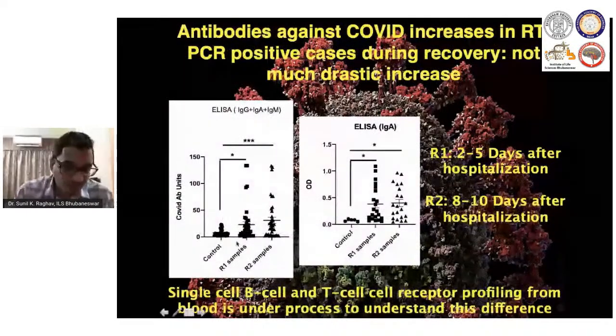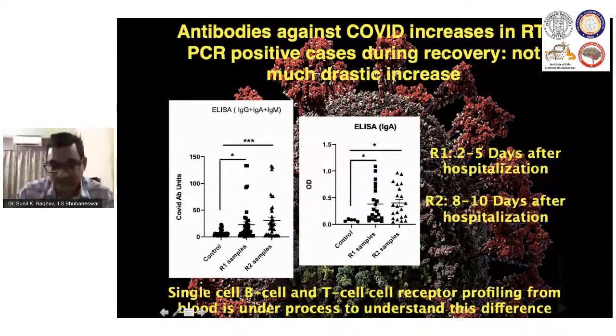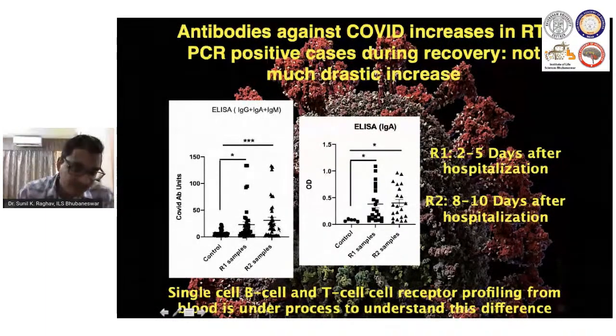If you look into these R1 and R2 samples that I told you about, R1 is 2 to 5 days after hospitalization, and R2 is 8 to 10 days after hospitalization. What you see here is that a lot of individuals don't develop antibodies even after infection.